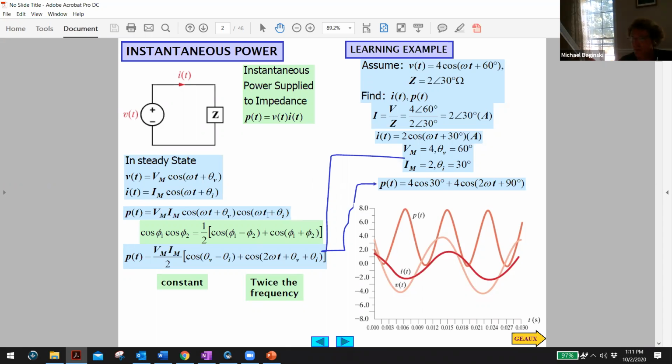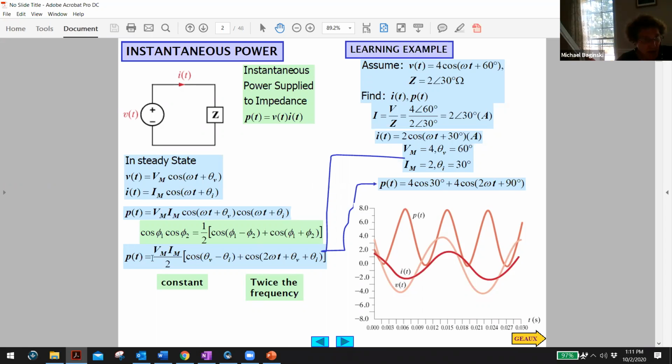The omega is the same. Now this is the point of the whole thing. Once you do that, this is a cosine identity. Cosine A times cosine B is 1/2 cosine of A plus B plus 1/2 cosine of A minus B. You remember this probably from the days when you had to do it with trig and stuff like that. It's a simple cosine identity.